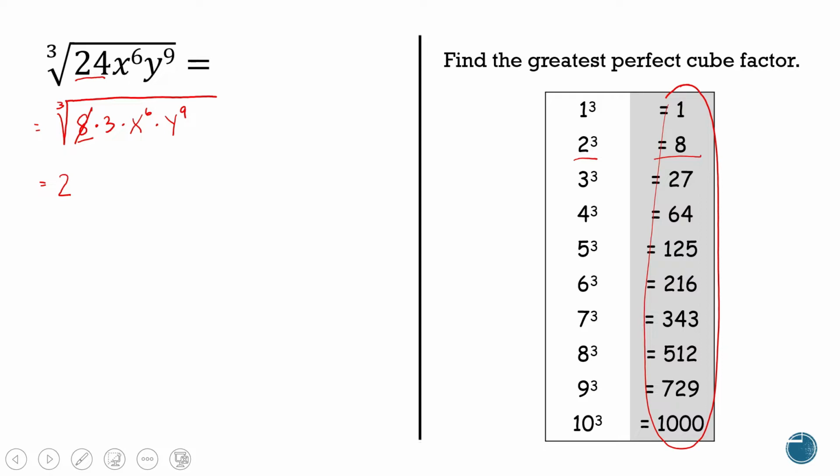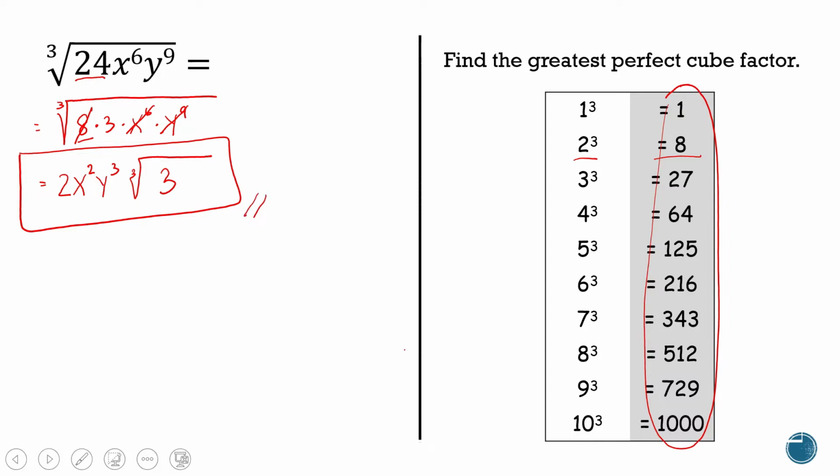So 6 divided by 3 is equal to 2, which means the cube root of x^6 is x squared. Finally, y raised to 9, divide that 9 by 3. 9 divided by 3 is 3. So this is y raised to 3. The final answer is going to be 2x squared y cubed times the cube root of 3.